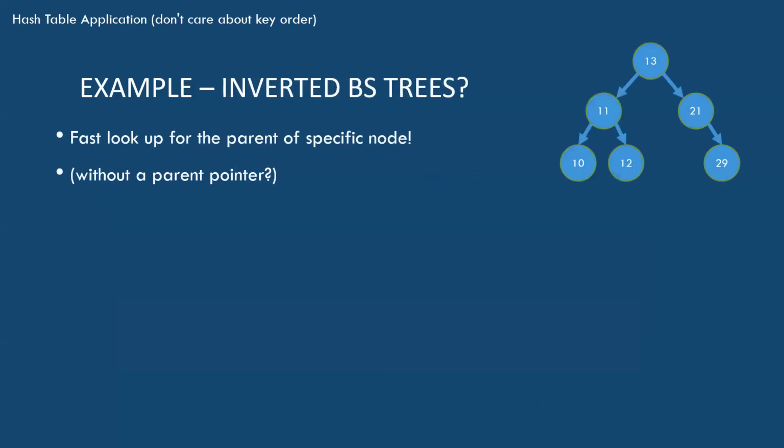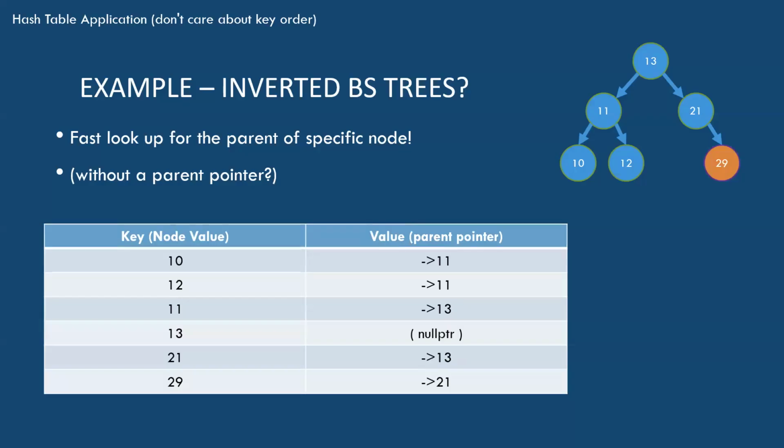Okay. Now, binary search trees, yeah, we could do that, right? But one thing that people do, in addition to having one-way pointers, is they create a hash table. So if you have a node value of 10 and you want to know the pointer to your parent, you can store that in an actual hash table.